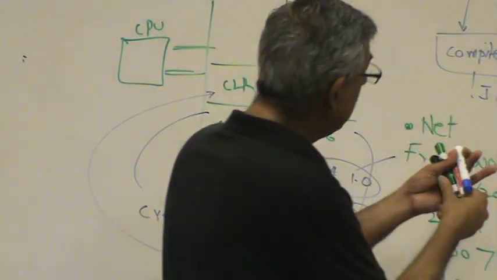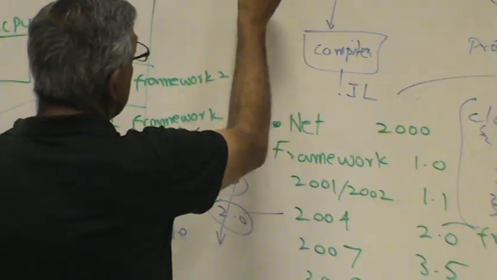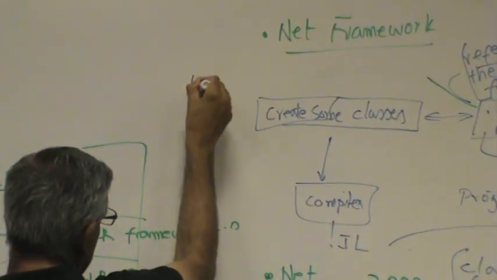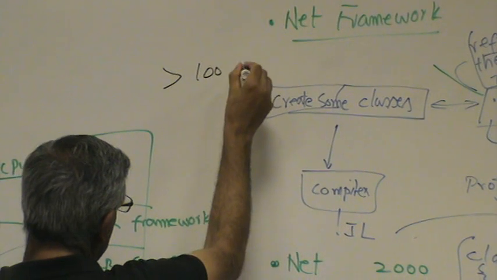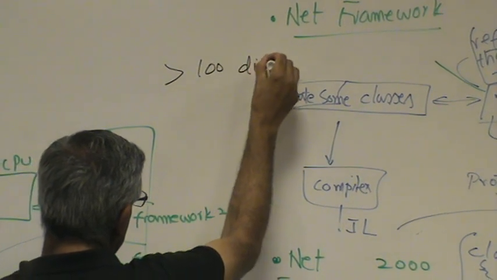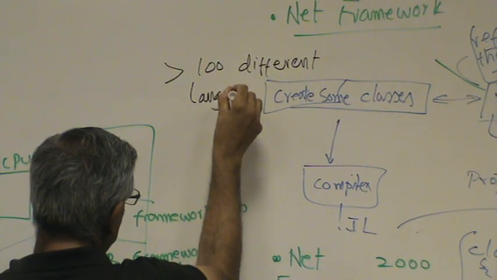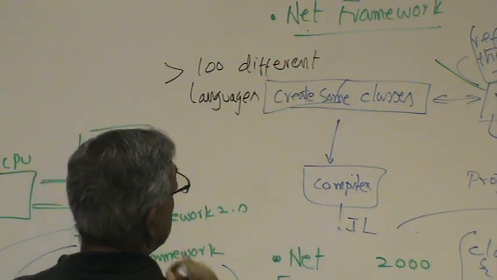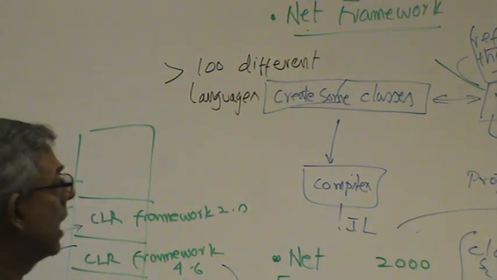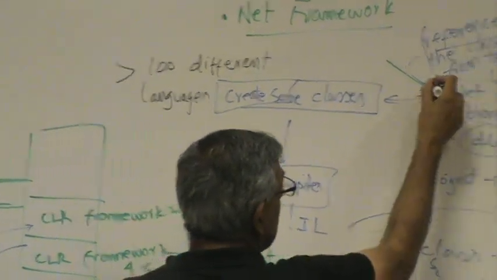Another small comment was that, as I mentioned, there are over 100 different programming languages that we can program under the .NET, okay? And all these languages share the same library.